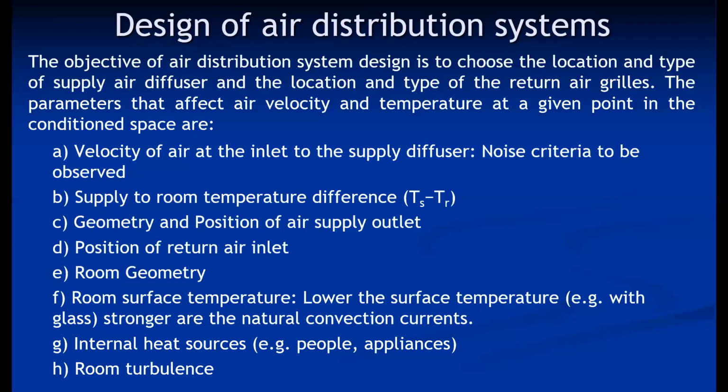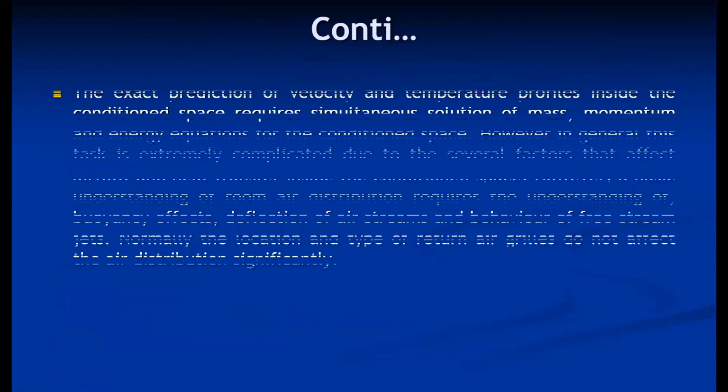So these are some design considerations, and in order to maintain adequate air velocity and temperature, the designer has to ensure these parameters, and optimum parameter analysis is required for proper design of the air distribution system.